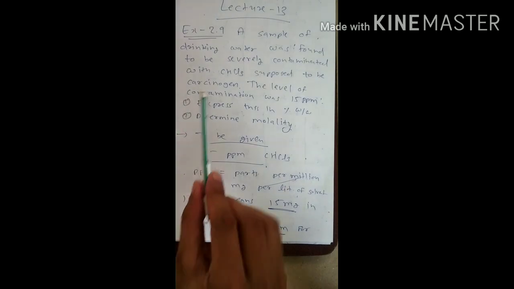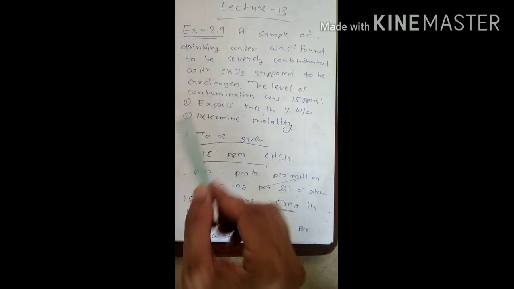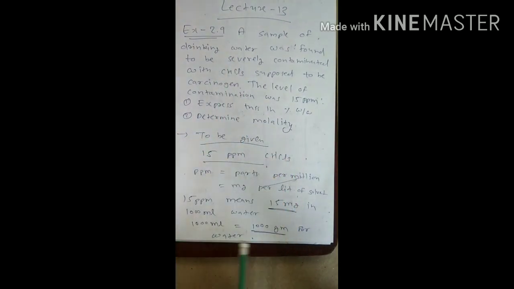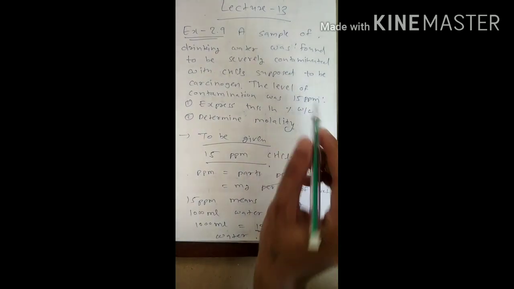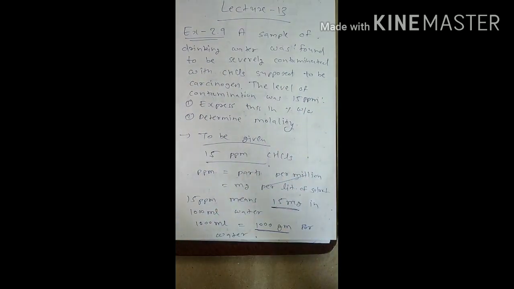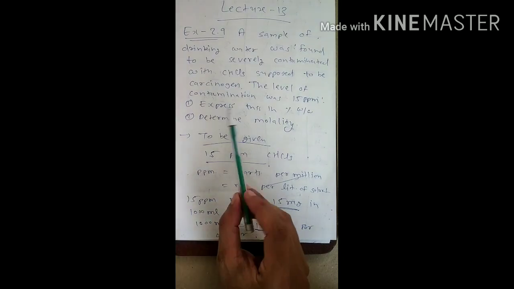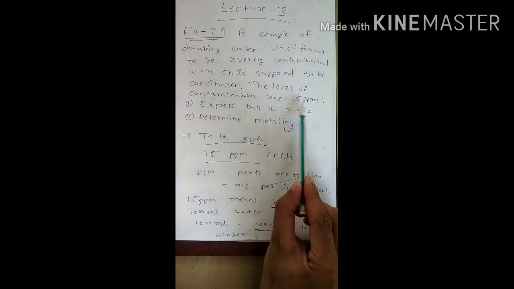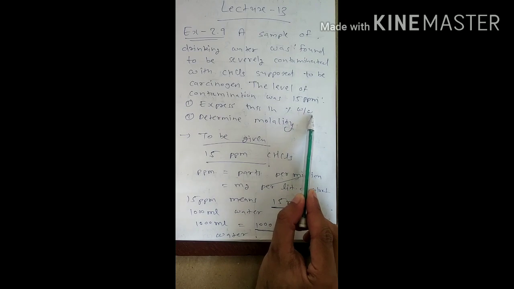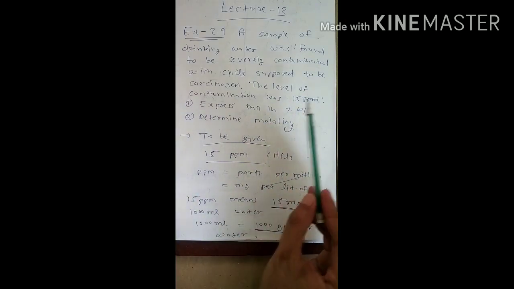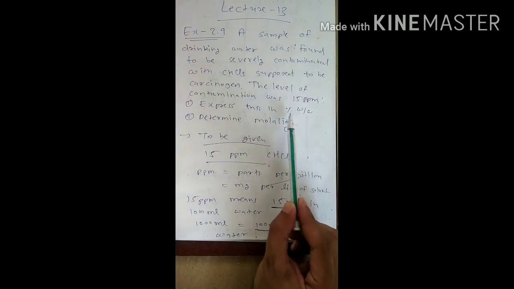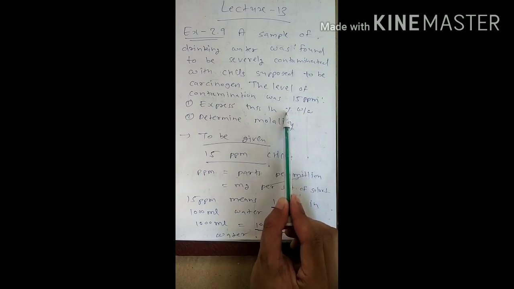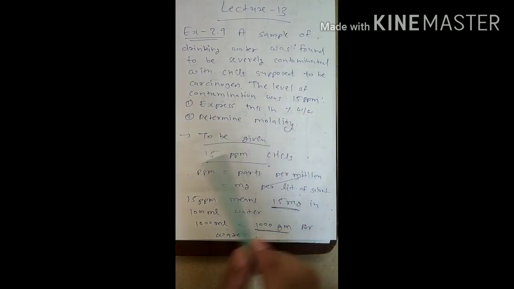How much contamination is there? 15 ppm. Now you have to convert this ppm into percentage weight by weight as well as molality.